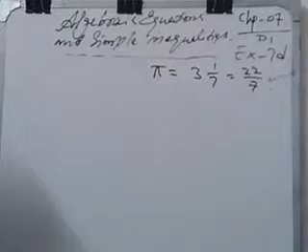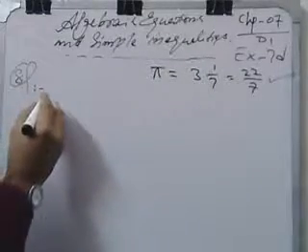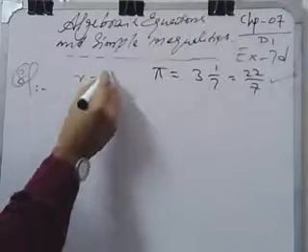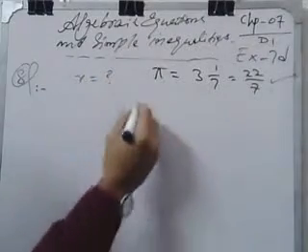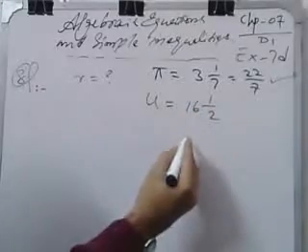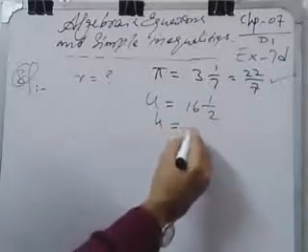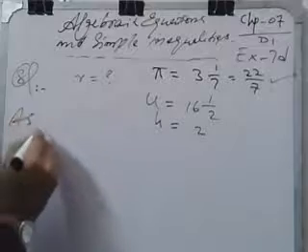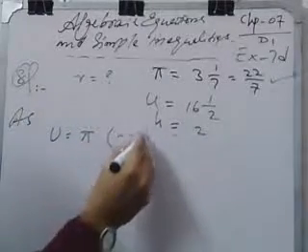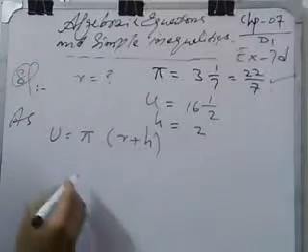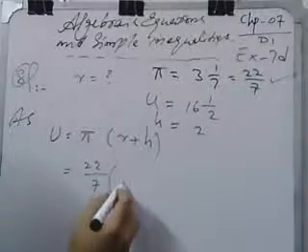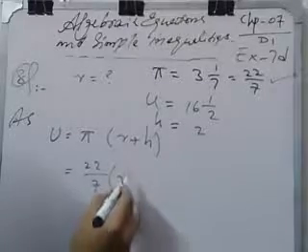Now coming to question number 8. Find R. You have to find the R where the value of U is 16 whole 1 by 2 and the value of H is 2, as the given equation is U is equal to pi R over (R plus H).